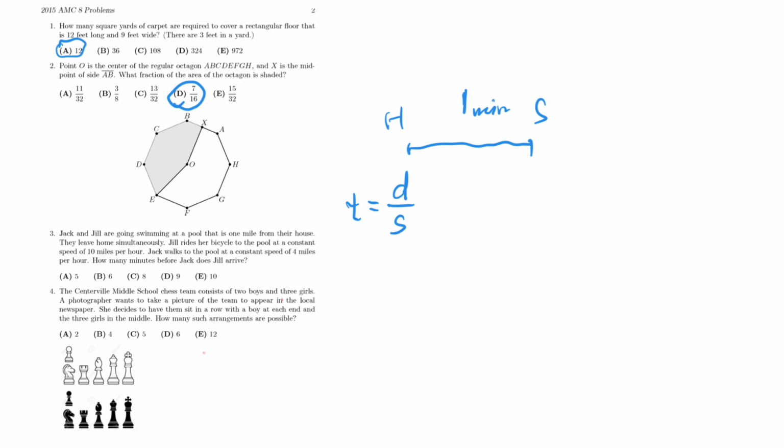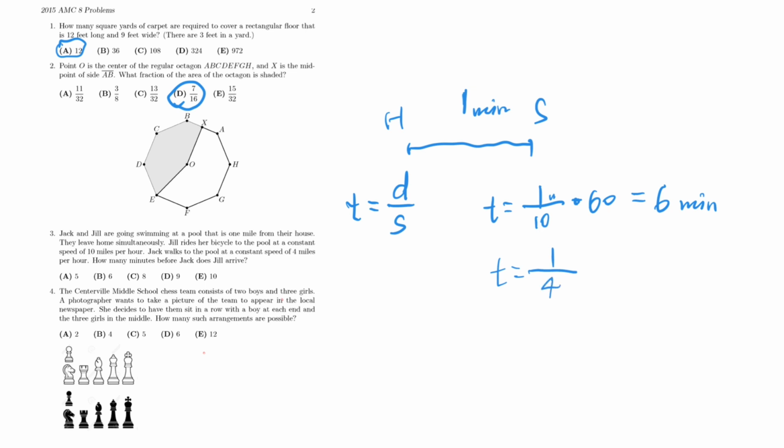For Jill, the time is 1 mile over 10 miles per hour. So that's 1/10 hour. Convert to minutes, times 60. That's 6 minutes.